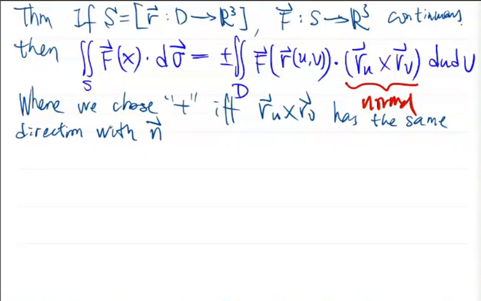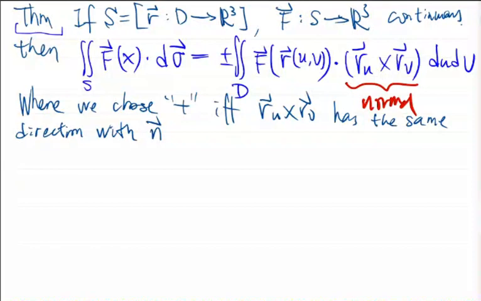The proof of this theorem is very easy. And from this theorem, you will see that the computation of the flux integral is easier than the usual surface integral. In the usual surface integral, F is a real valued function, but for the cross product Ru cross Rv, you have to take the norm.